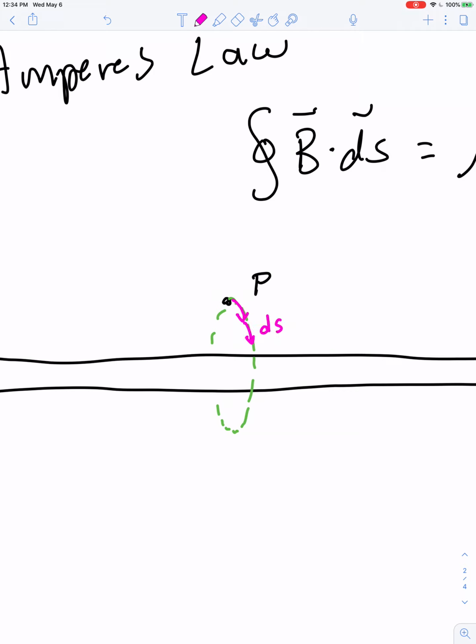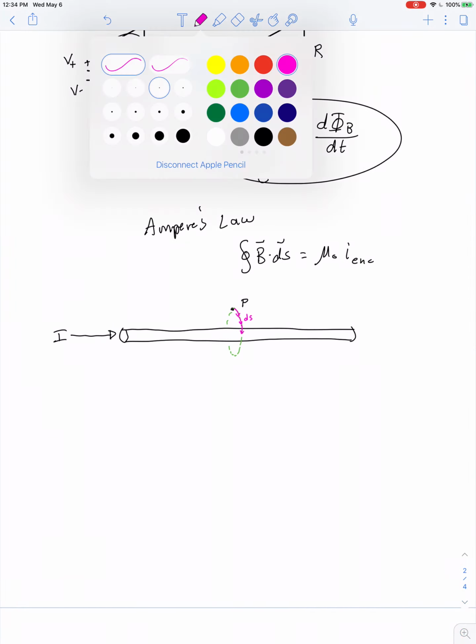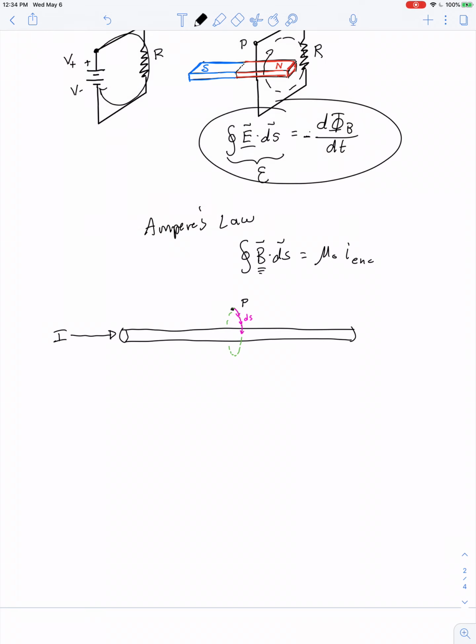So each of these little vectors ds gets us a fraction of the way around our loop. So if I take the product of the strength of the magnetic field as it coincides with any of these path elements, the net value, if I integrate all the way around the entire imagined loop, should only depend on the amount of current that that loop encloses, which in this case would be all of the current, since it passes entirely through the loop.